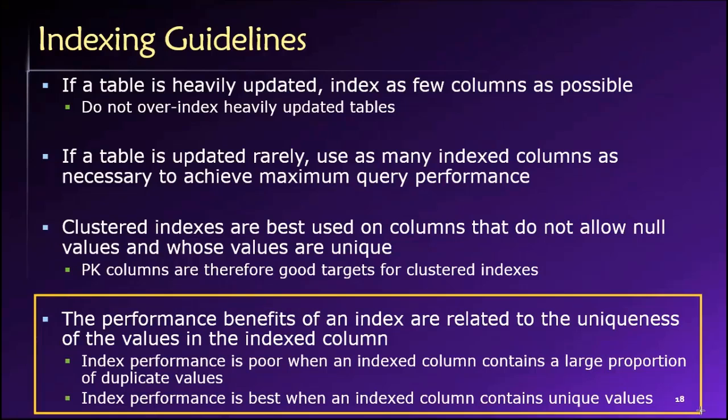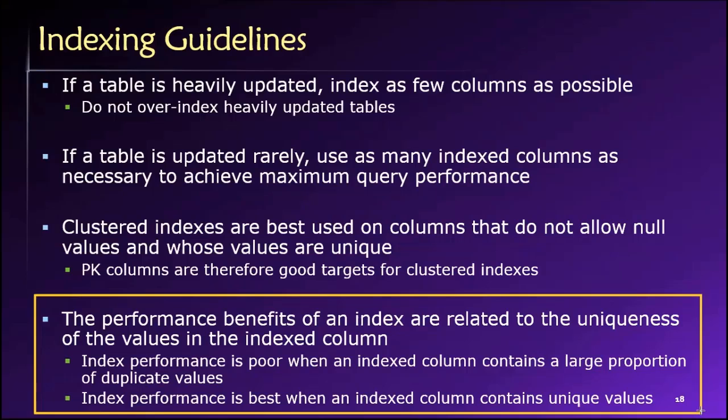The kind of performance improvements that we're going to get out of an index really depend on the number of unique values or duplicate values in the column that we're considering indexing. If we have a table that contains 1 million rows of data and we want to index one of those columns, and that column only has 3 unique values across the 1 million rows, we'll still get a slight performance improvement over not having an index at all, but it's not going to be much.